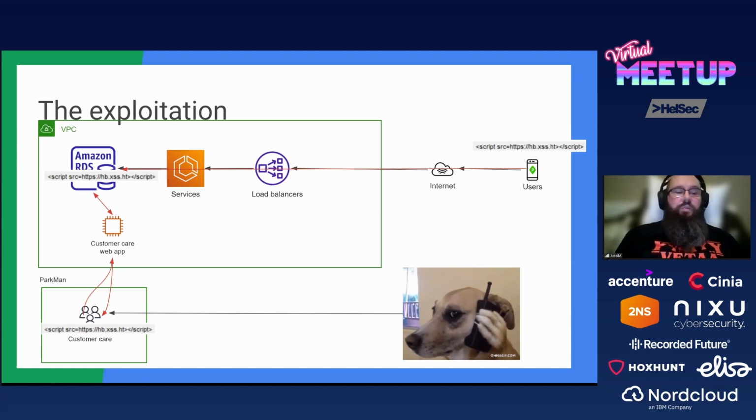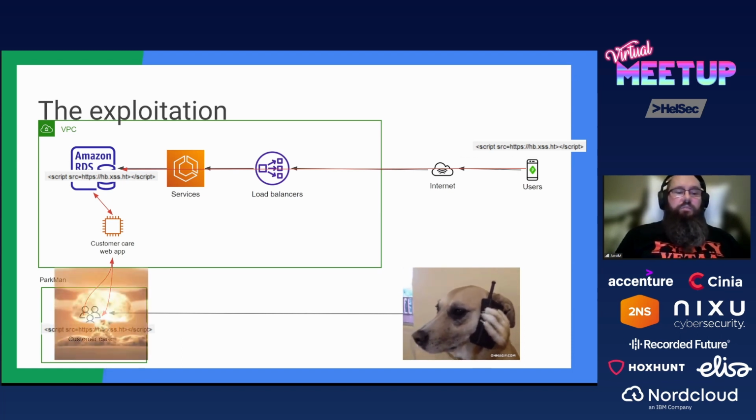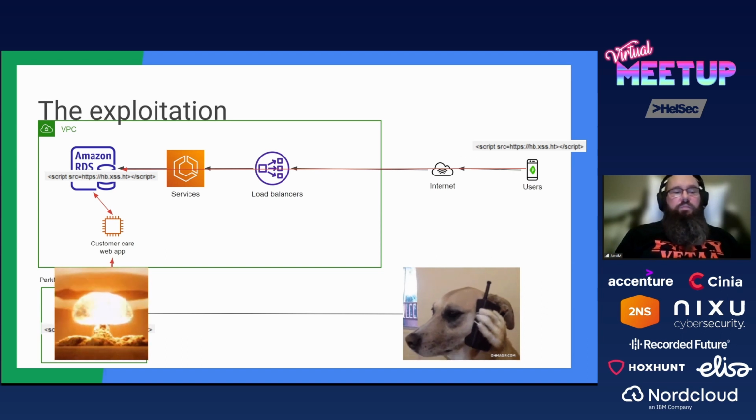But now it's on the web browser, and this is where it gets interesting, because the script here really could be anything. You can download any script you want and it will execute on the customer care workstation. The possibilities, what to do.